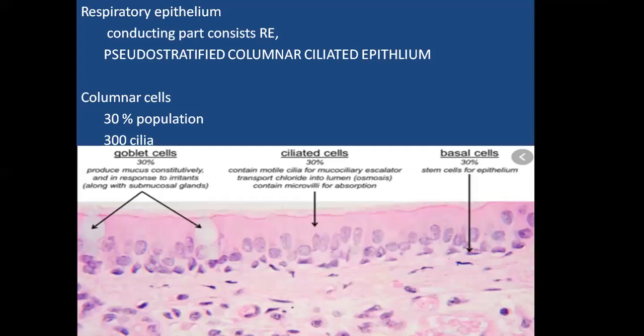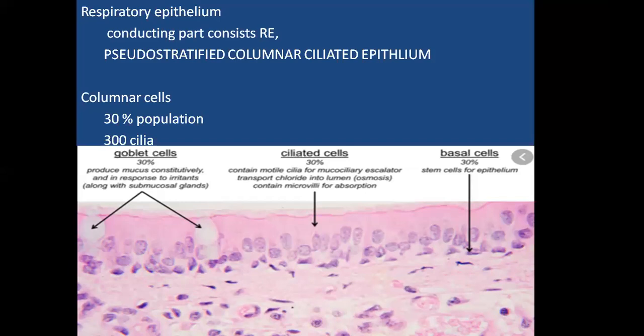The respiratory epithelium consists of the pseudostratified columnar epithelium, which is ciliated. The respiratory epithelium is pseudostratified columnar epithelium, and that is ciliated. Now, this pseudostratified columnar epithelium consists of different kinds of cells.